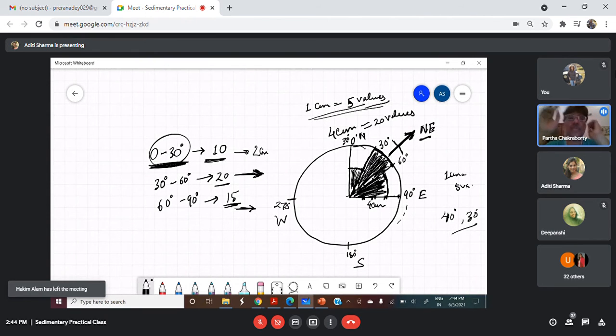So what you have to do is plot one data set. First classify the data by class interval and identify the frequency, then choose a particular scale for representation of the data, then plot the rose diagram.